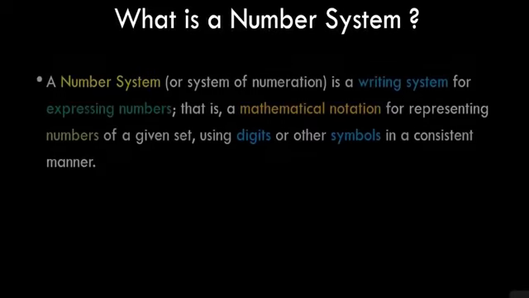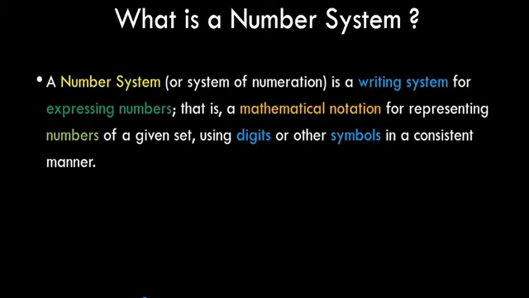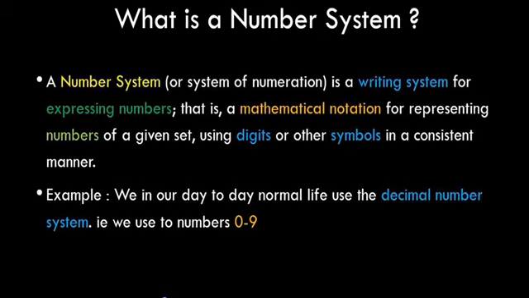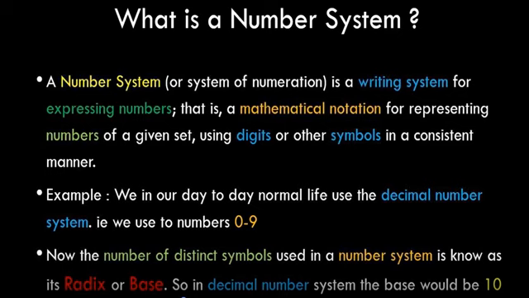Now let us see what a number system is. A number system or a system of numeration is a writing system for expressing numbers, that is, a mathematical notation for representing numbers of a given set using digits or symbols in a consistent manner. For example, in day-to-day normal life we use the decimal number system, that is, we use the numbers 0 to 9.